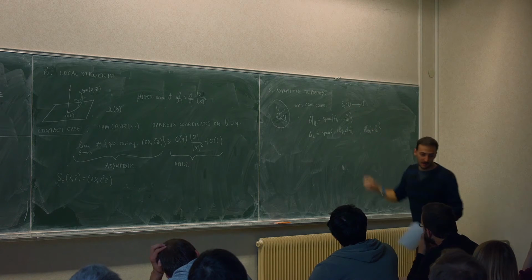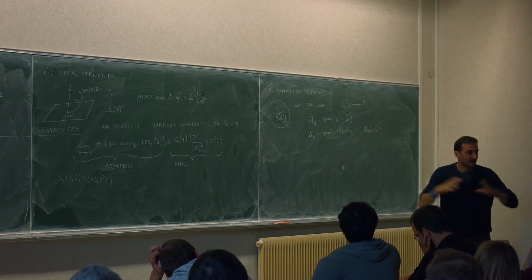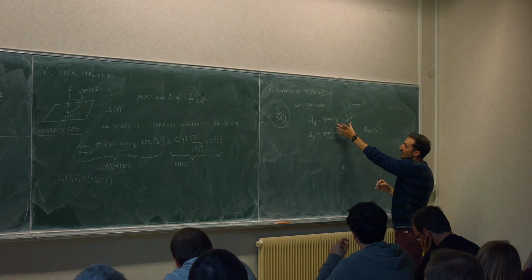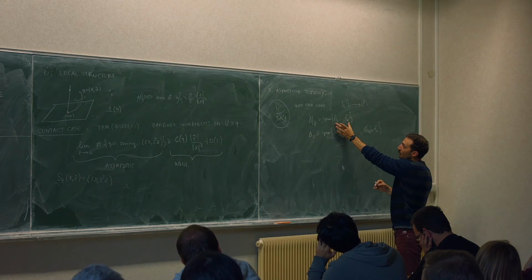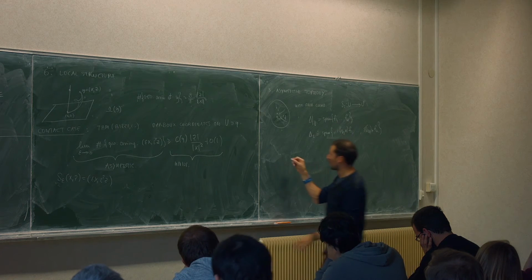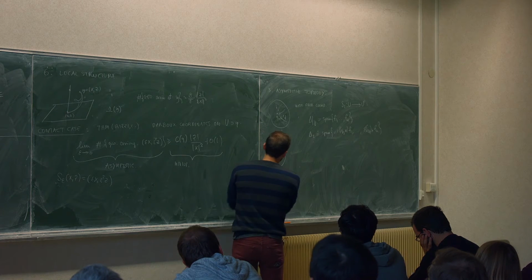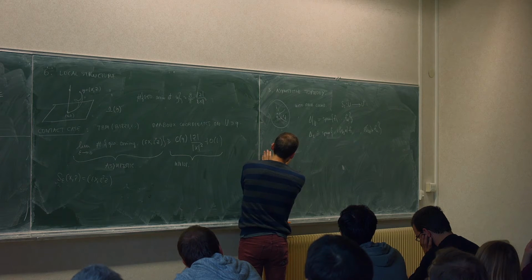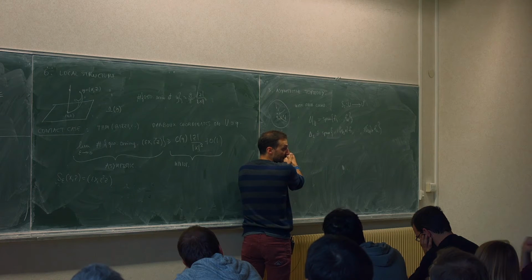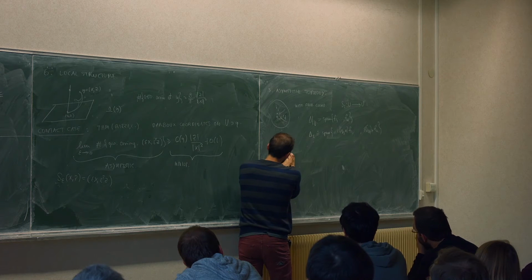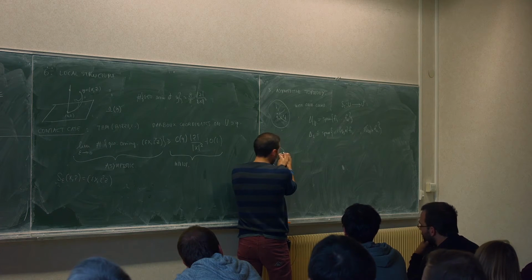Somehow this family of dilations blows up your manifold, so that you can see the geometry. Here is a neighborhood, and at this point there will be a vector field which comes from a vector field defined over here.